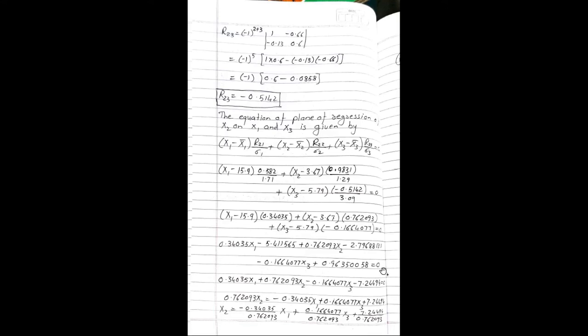Now take all the like terms together. The equation is 0.34035x1 plus 0.762093x2 minus 0.1664077x3 minus 7.24494 is equal to 0. Now we will keep the x2 term on the left hand side.